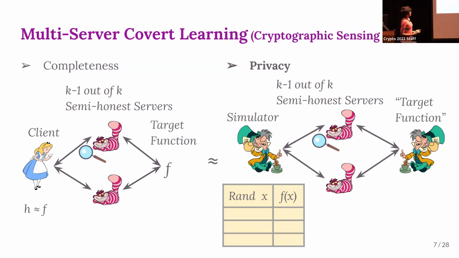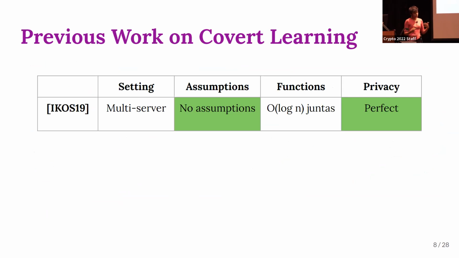Now that we've discussed this multi-server setting, I'll briefly mention some previous work in this line of covert learning. There's a cryptographic sensing paper from 2019, which in the multi-server setting shows, under no assumptions, that a client can learn O(log n) juntas.